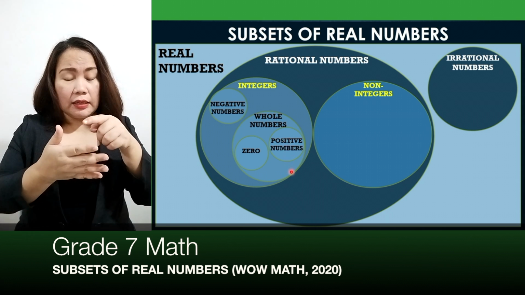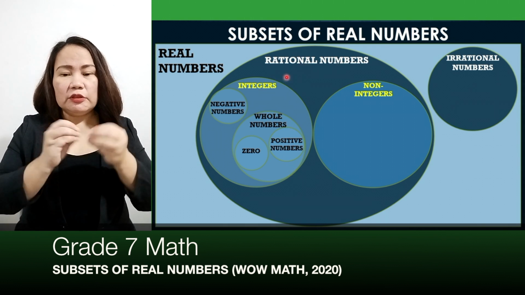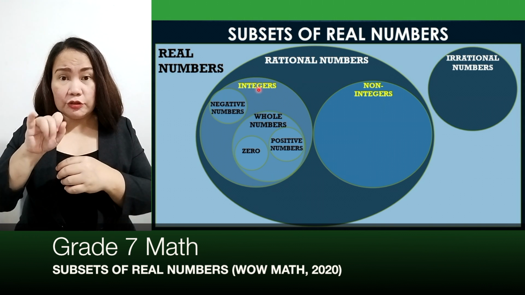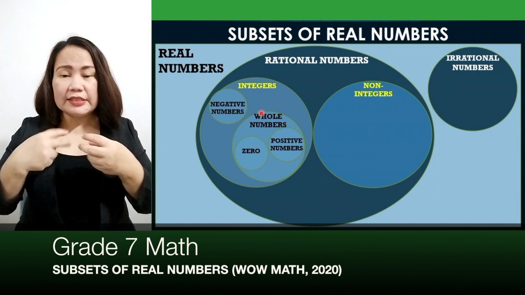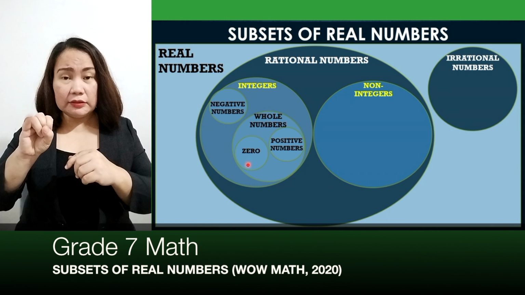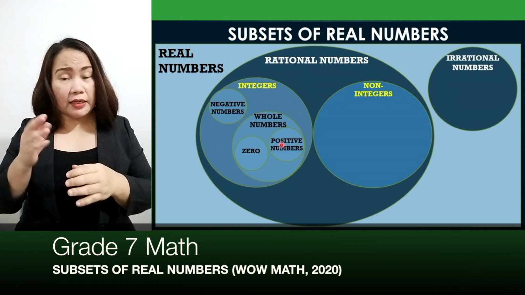So, they are just the same. So, ulitin ko, under rational numbers, we have two subsets, the integers and non-integers, where integers includes the negative numbers and the whole numbers, where your whole numbers includes the 0 and the positive numbers, positive, counting, or natural.